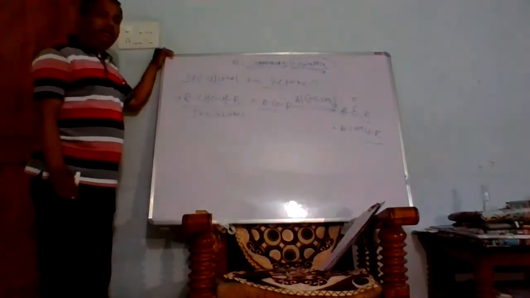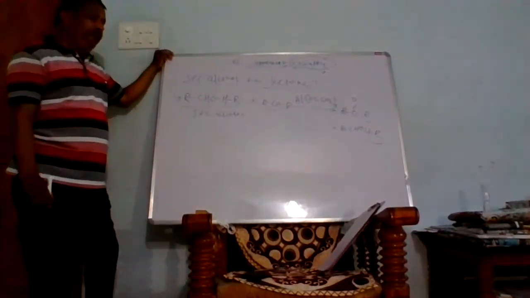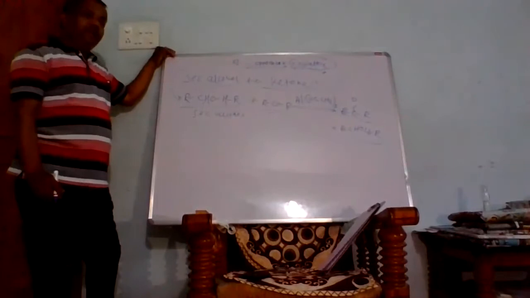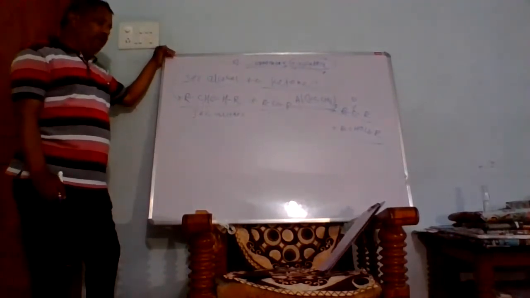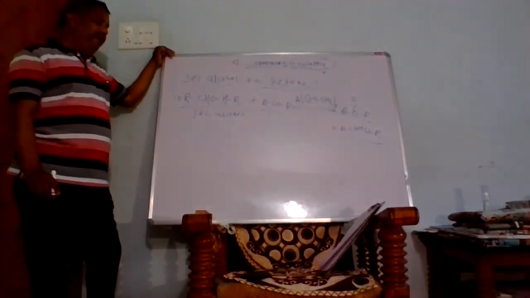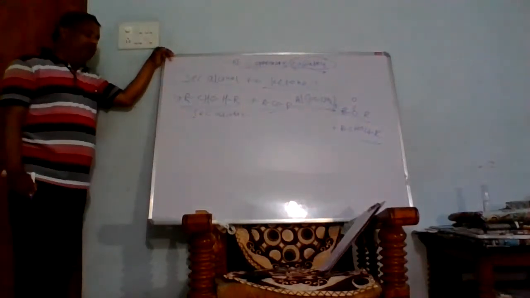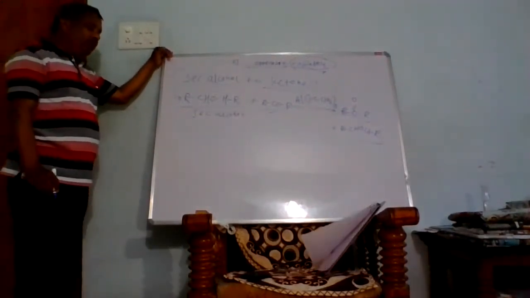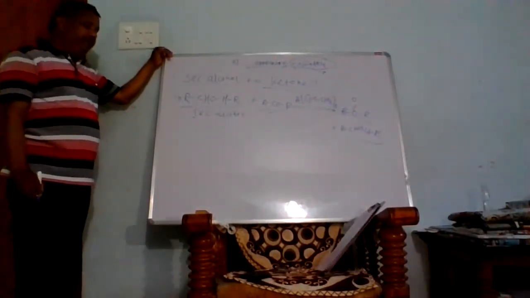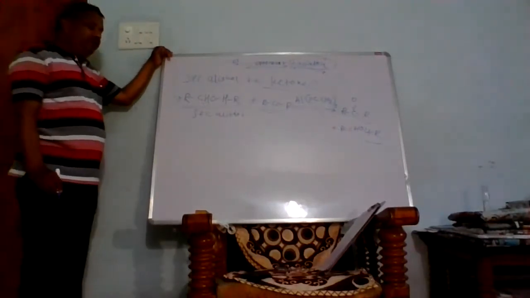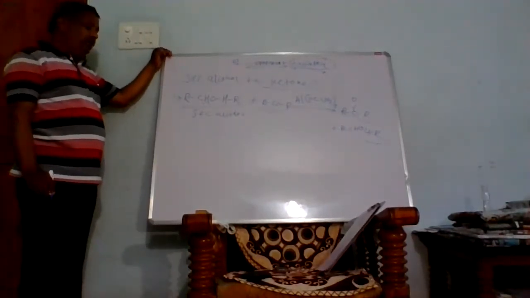Oppenauer oxidation is opposite to MPV reduction. In this reaction, the alcohol is converted to ketone by the treatment of aluminum tertiary butoxide in the presence of acetone. This reaction involves the oxidation of secondary alcohol to ketone.